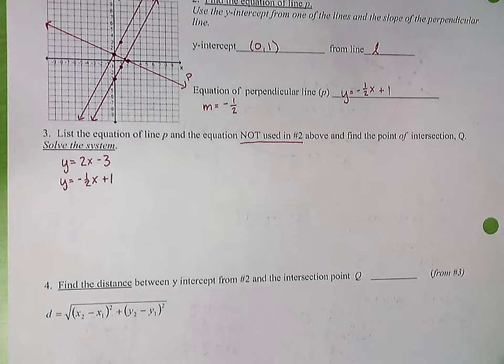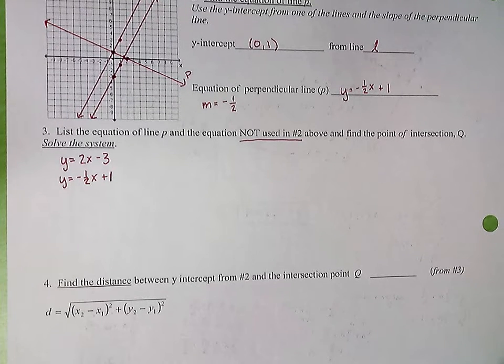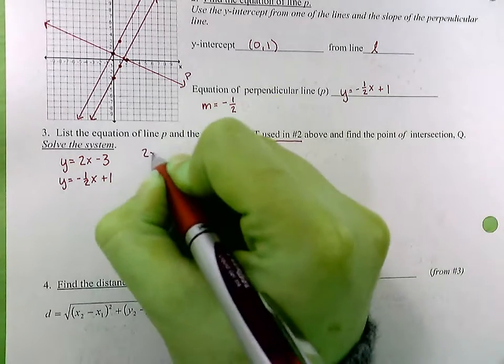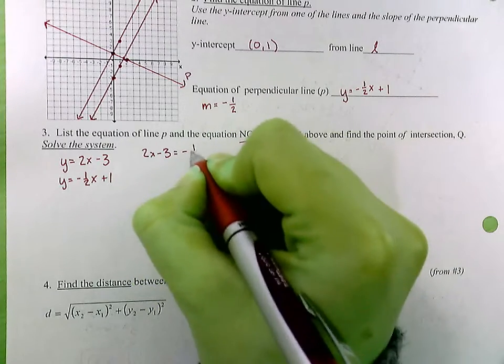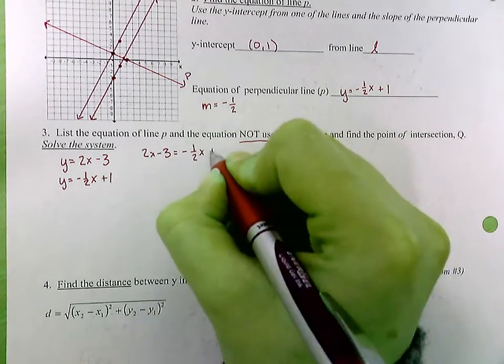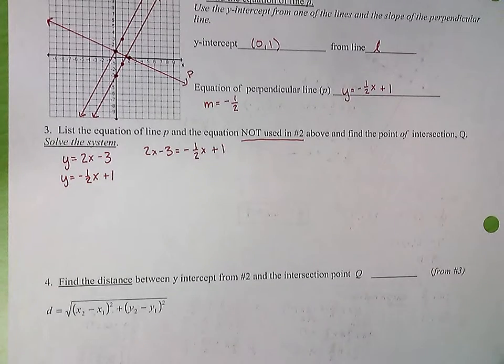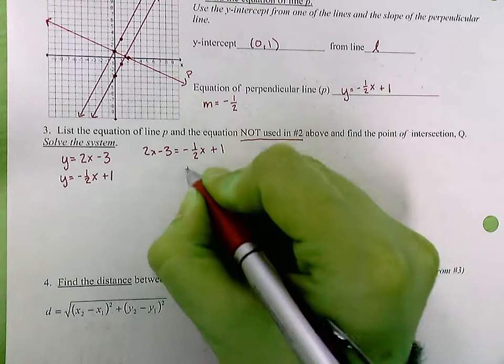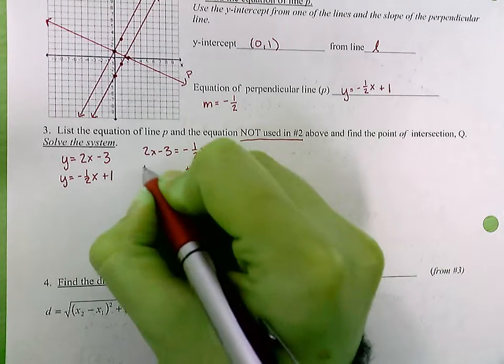Okay? So again, just like on the front, since they're both equal to y, we can set them equal to each other and solve. So we have 2x minus 3 is equal to -1/2 x plus 1. I'm going to add 1/2 x to both sides.